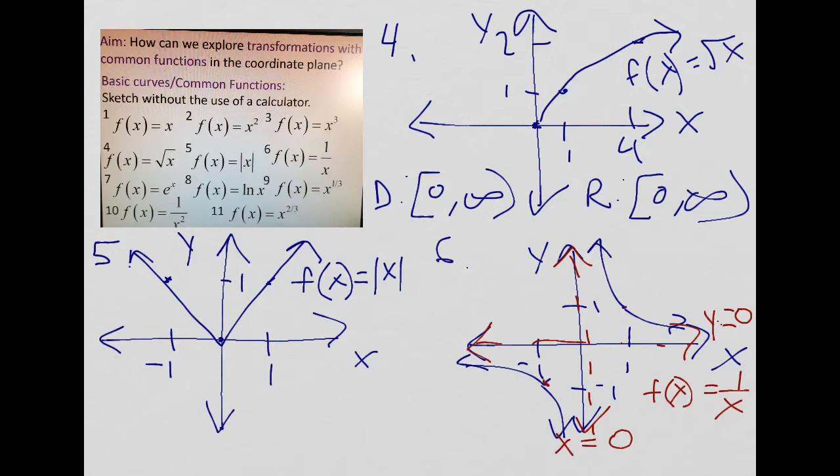Whenever you're dealing with rational functions, you should always put in your asymptotes before you start plotting points. And that's why this is a sketch. I don't need so many points to get the full curve because my asymptotes do help me. Now, it's not the only one that has asymptotes. Actually, from 6, 7, 8, 9, 10, 11, they all have asymptotes. So pay attention as I start to do those.